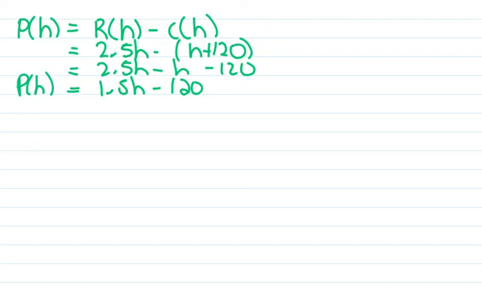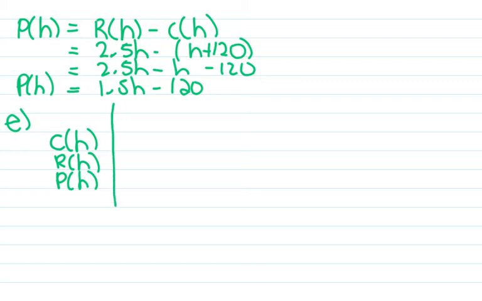And then we need to look at E, identify the domain and range in the context of this problem for cost, revenue, and profit. So just make a little chart here. Cost, revenue, and profit. Domain and range.